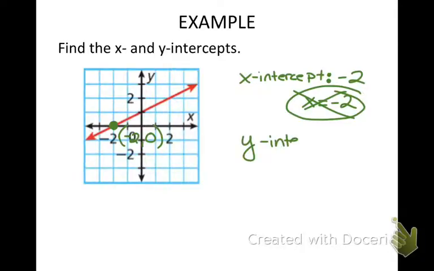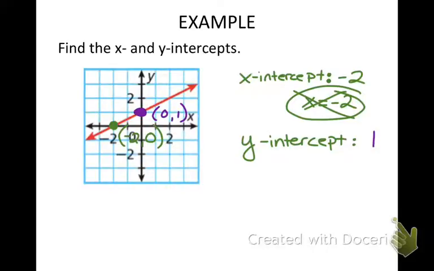All right, so now let's pick the y-intercept. So if we look at the point where it crosses the y-axis, let's do this in purple. It's right here. What are the coordinates of that point? 0, 1. My y-intercept is the y-coordinate of the point, so it's just going to be 1.